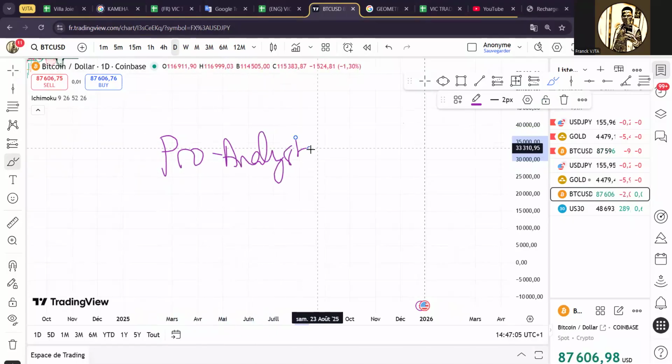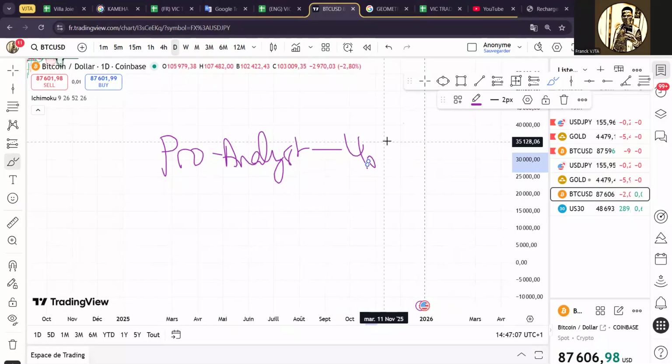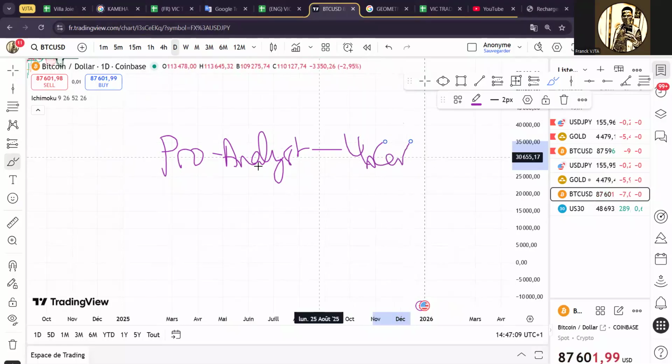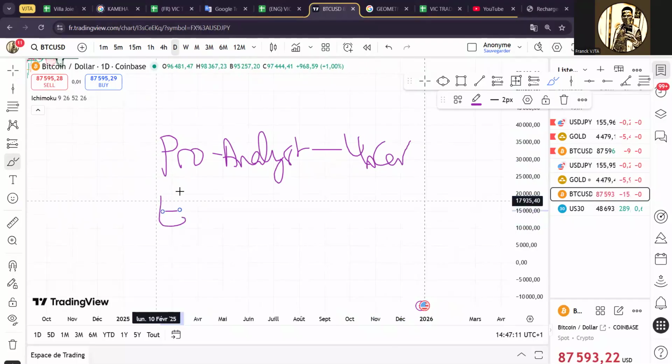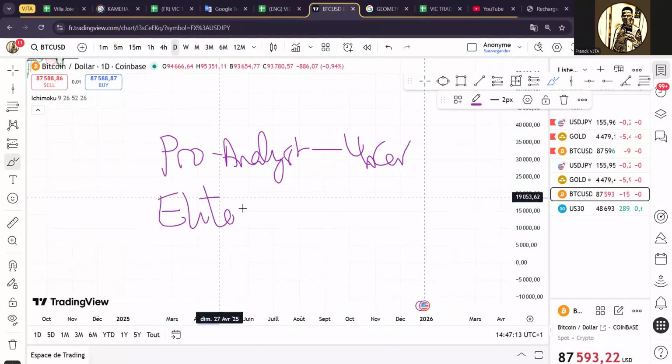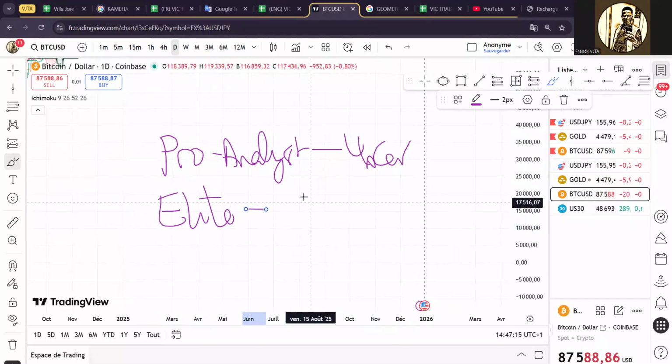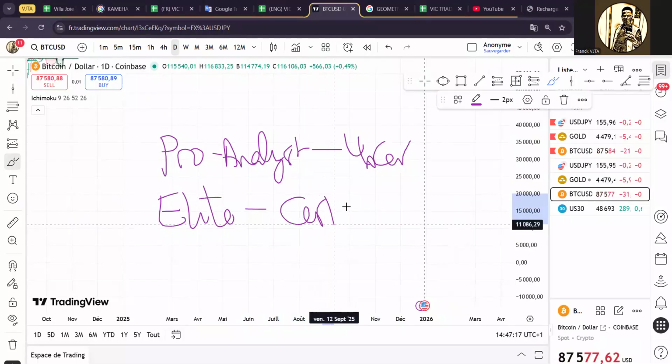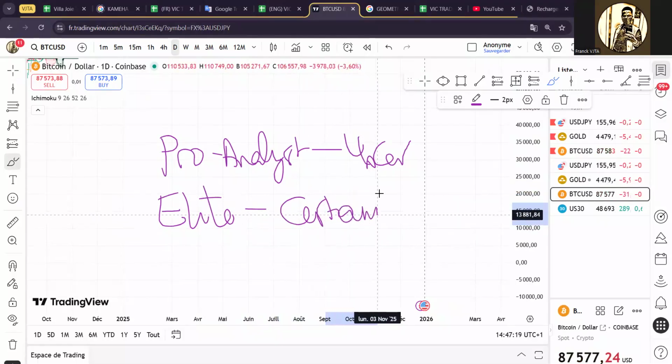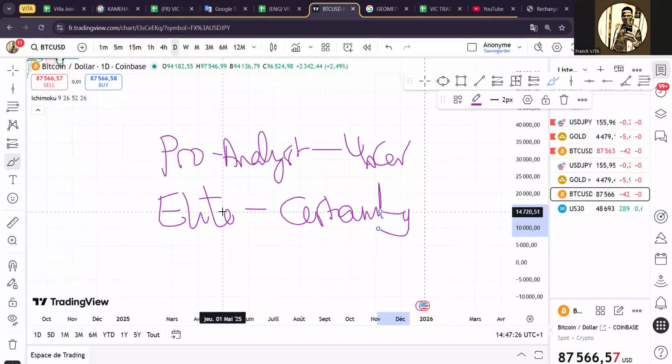Sometimes you have something that is called uncertainty. But if you want to trade like a business, like an elite trader, right? You need to have only certainty of when and where you will make the money. You should not be uncertain.